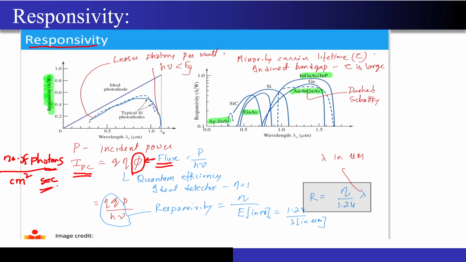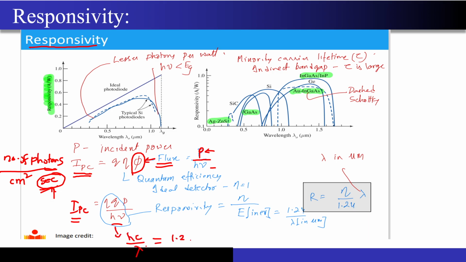So now how can I write the flux? Flux is nothing but your P, that is the incident power, divided by the energy of each photon. This is energy, this is power, so that's why you have units of second coming in the denominator over here, correct? Because there is only a factor of time between the P and the E, correct? So now if I substitute this photon flux with P over h nu, this is the I_PC that I got. Now if you replace this h nu, what is this h nu? h nu is nothing but hc by lambda, correct?